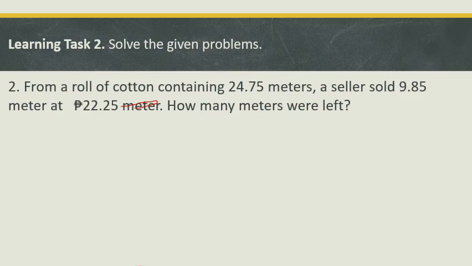So, nakikita niyo dito, may pampalito lang dito, itong presyo. So, hindi naman tinatanong kung magkano. Ang sabi lang dito, yung kabuuan, yung roll of cotton natin, meron 24 and 75 hundredths meters. Ngayon, nagbenta yung seller na binenta niya yung 9 and 85 hundredths meters mula dito. So, ilan daw yung natira? So, hindi natin kailangan tong presyo. Okay? So, dito lang tayo sa dalawang ito.